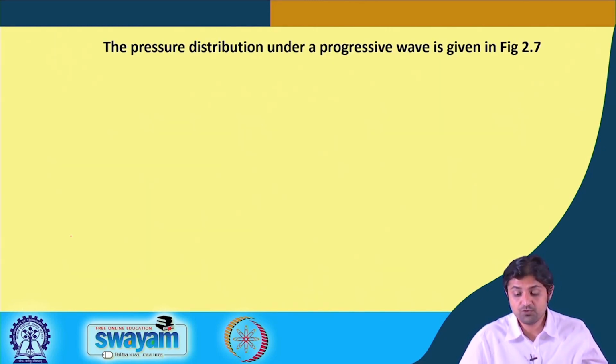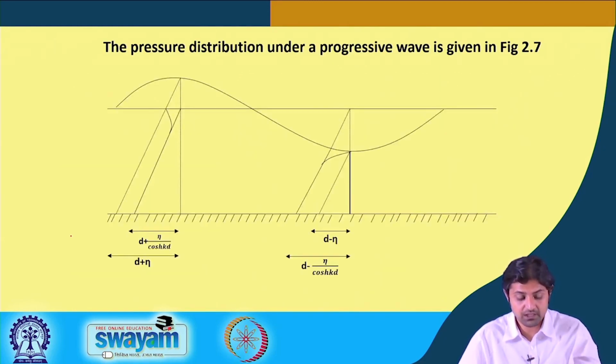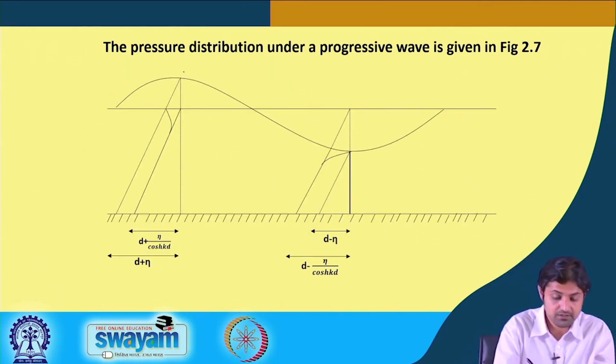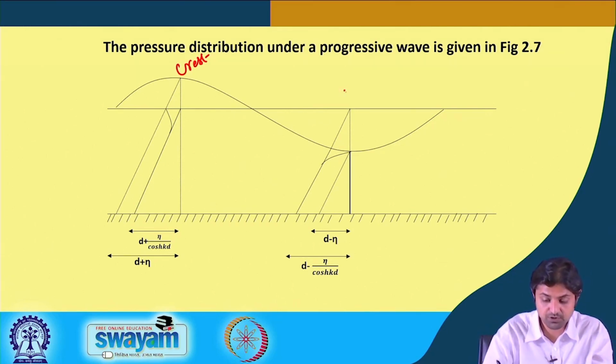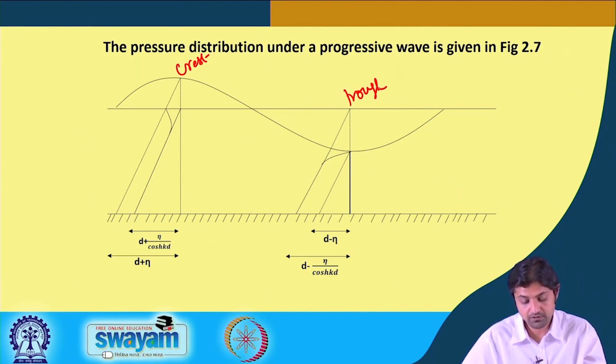So the pressure distribution under a progressive wave is given by this. This is the wave crest, so pressure distribution under wave crest and pressure distribution under wave trough.